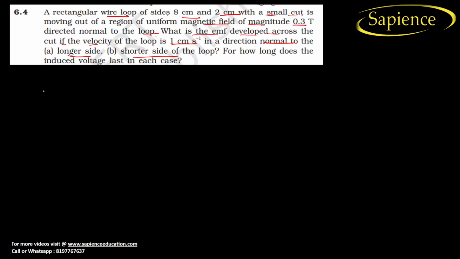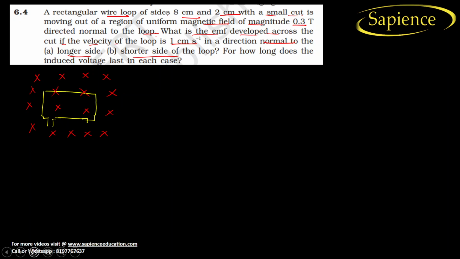They have given that there is a loop, and there may be a small opening anywhere, like this, right? Let it be, don't worry about that too much. And there is a magnetic field which is perpendicular to this loop, right?